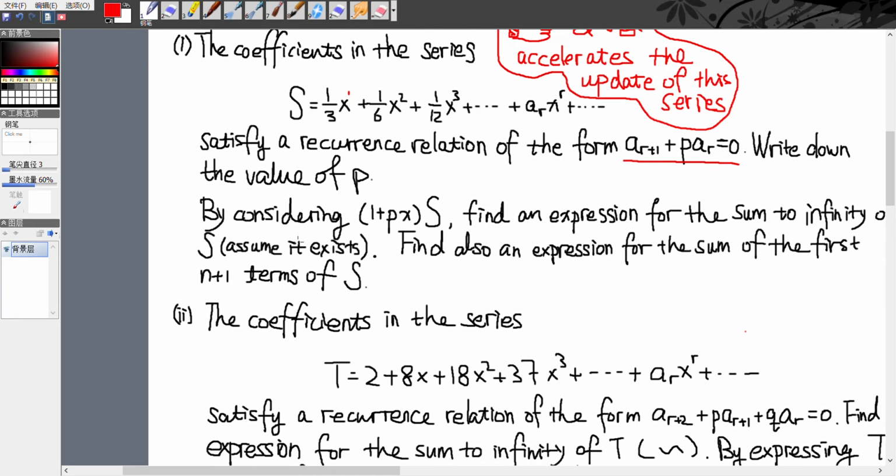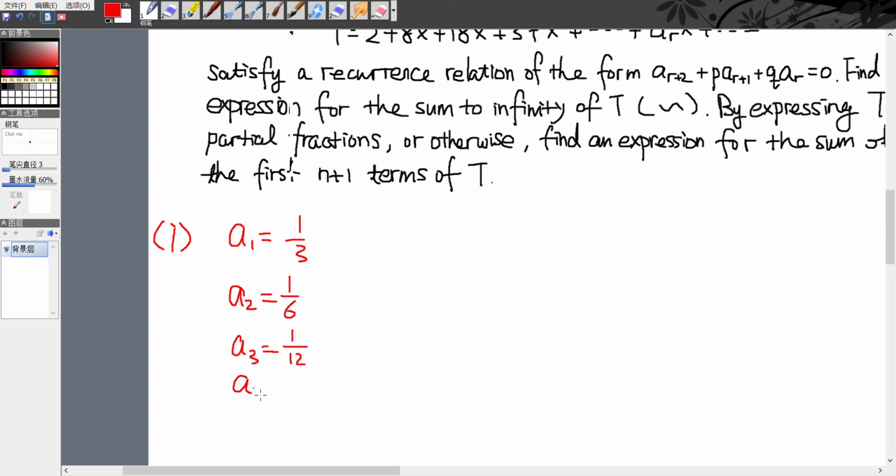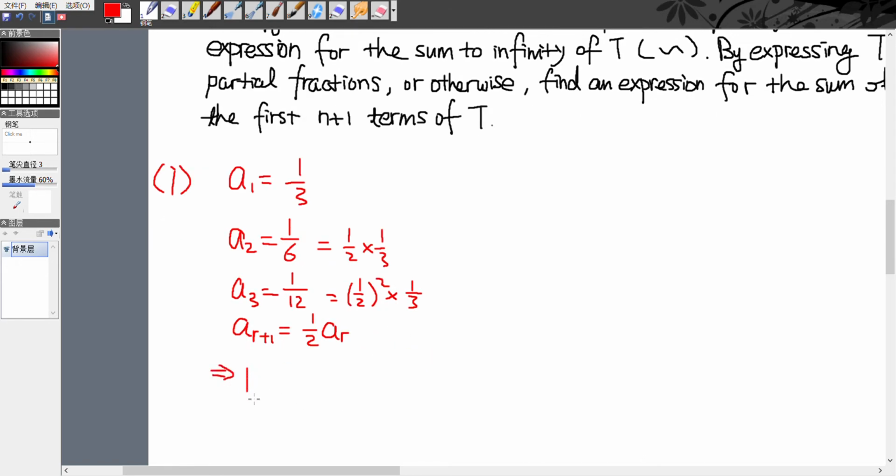So we can see that A_{r+1} is actually equal to 1 over 2 A_r, because this is equal to 1 over 2 times 1 over 3, and this is equal to 1 over 2 squared times 1 over 3. So we can have our p-value as negative 1 over 2.